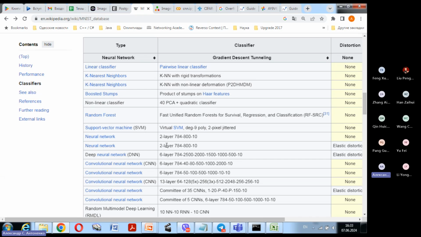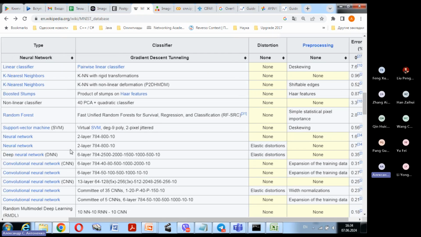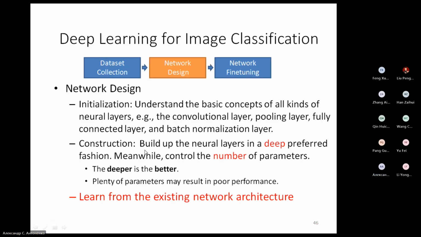It's not deep learning, and it works badly, as you can see, even worse than the best traditional approaches, for example nearest neighbors or SVM, support vector machine. But deep neural networks work better, for example with 6 layers, 13 layers, or 35 layers.